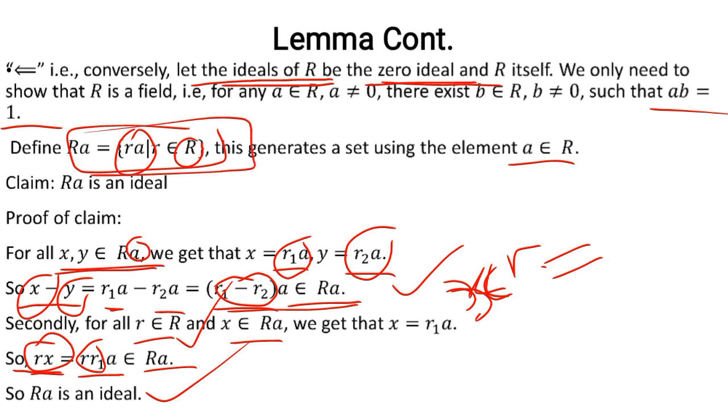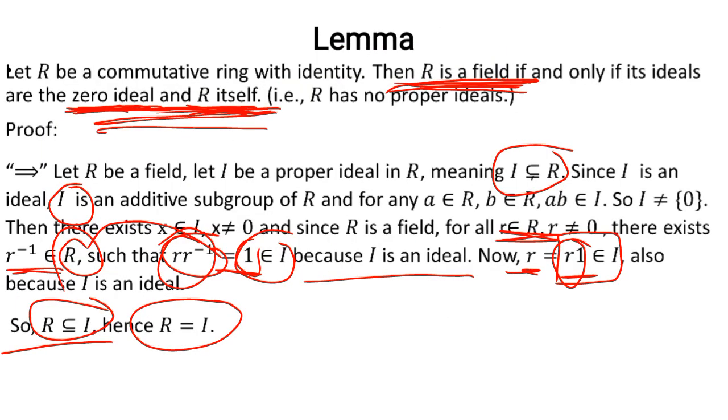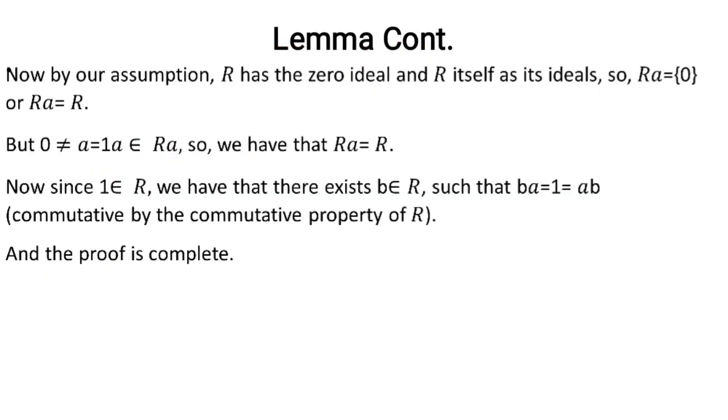So if this is an ideal and R is an ideal, it means that my set truly must be R, or the ideal is the 0 ideal itself, okay? So, sorry, let's continue forward. Now by assumption, R has the 0 ideal and R itself as ideals. Therefore, RA will be equal to 0, or RA must be R itself, right? Which is what I was saying.